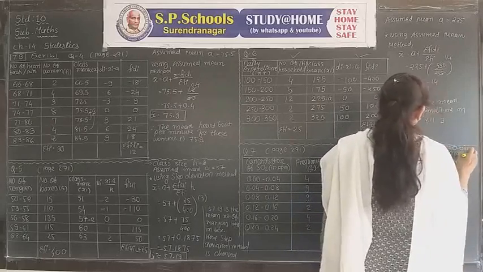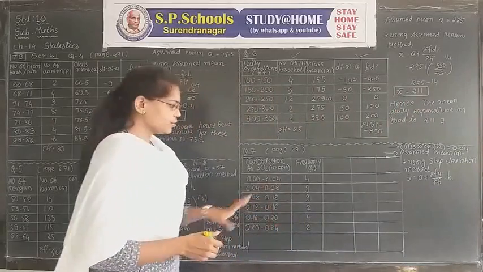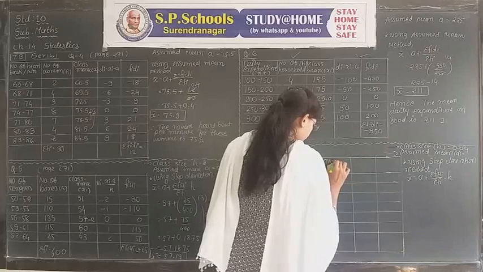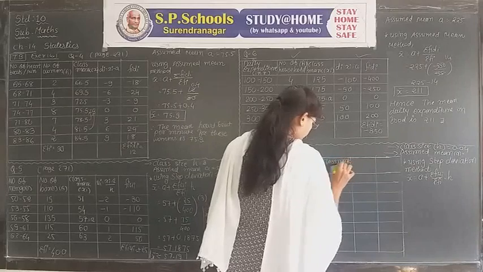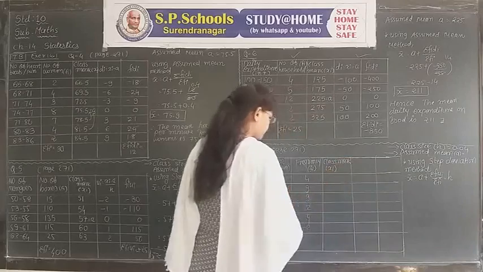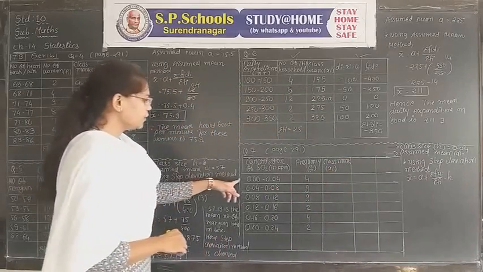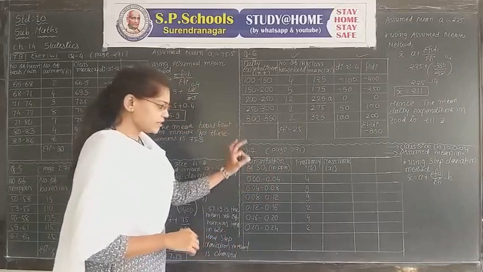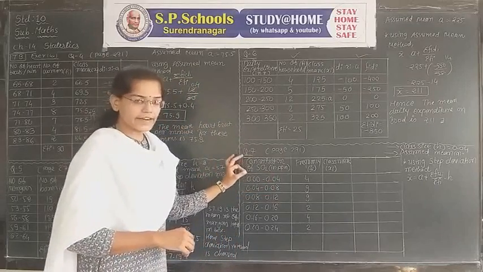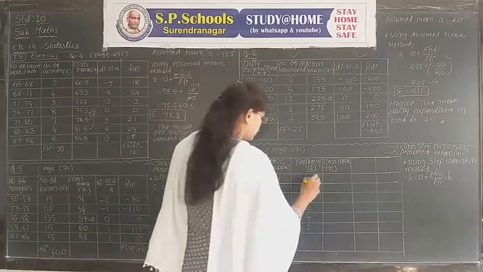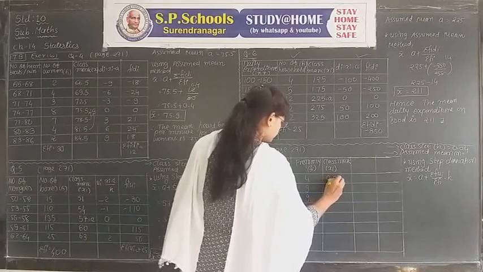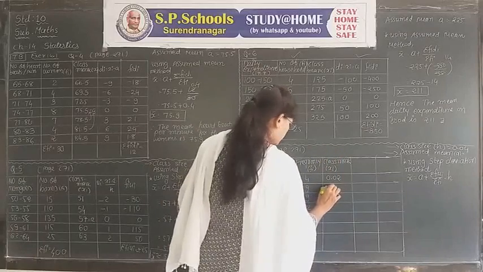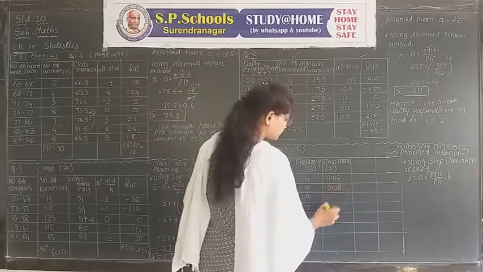The assumed mean A is from xi. So first of all the third column is filled by us, which is the class mark xi. 0.00 plus 0.04 divided by 2 gives us 0.02. We have to add 0.04, which gives us 0.06.